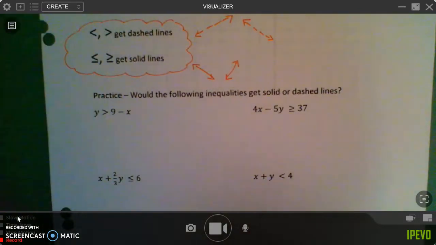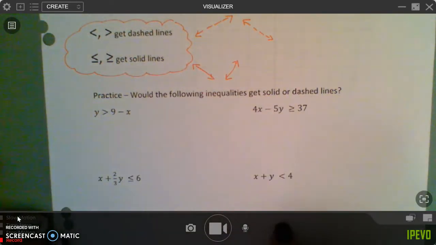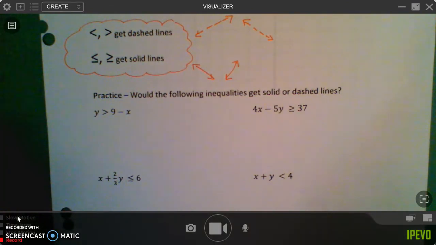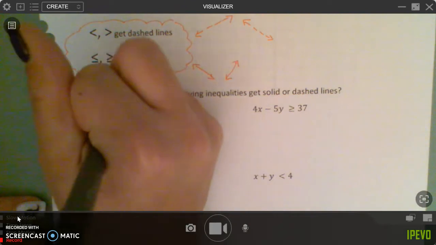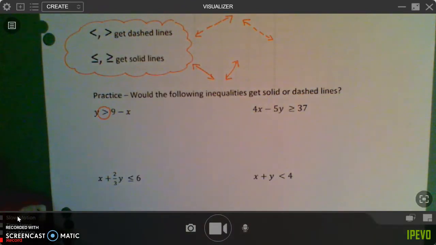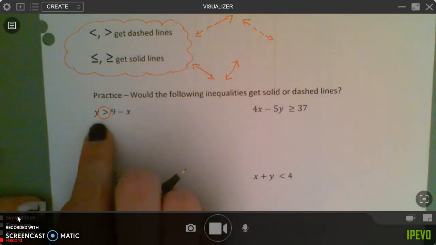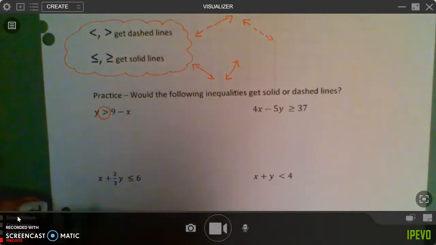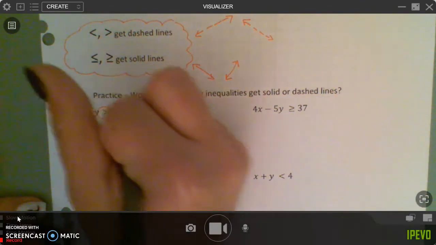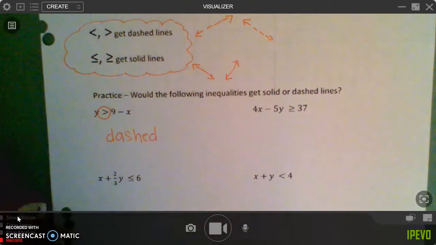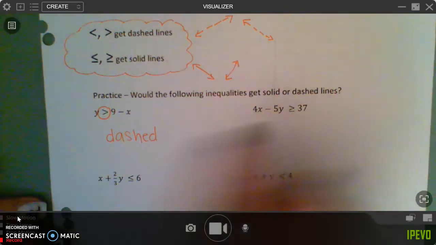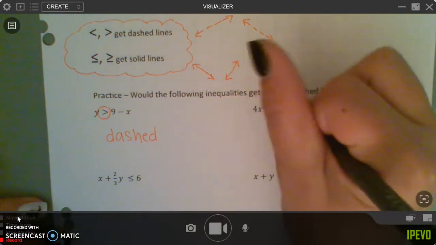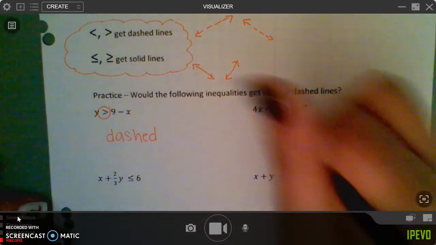So down here, all we're doing is seeing if it's going to be dashed or solid. So remember, to see if it's dashed or solid, you're looking at the inequality symbol. So this inequality symbol does not have a line, so this is dashed. Okay, this inequality symbol has a line, so solid.